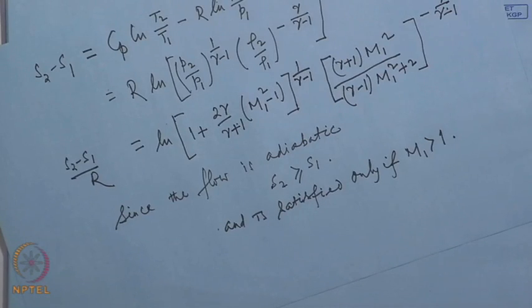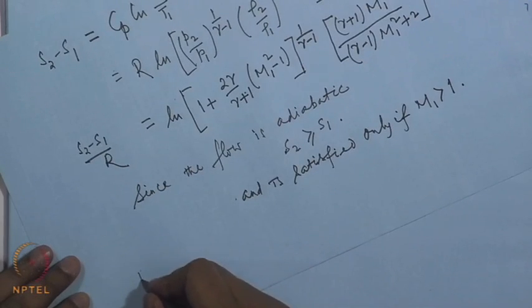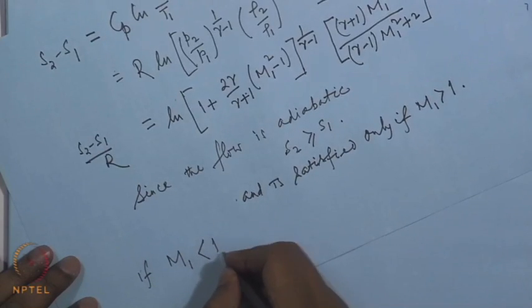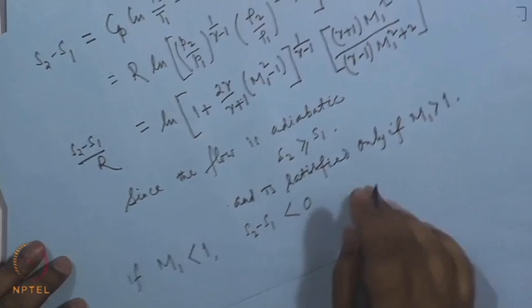And if M1 is less than 1, S2 minus S1 by R is less than 0.